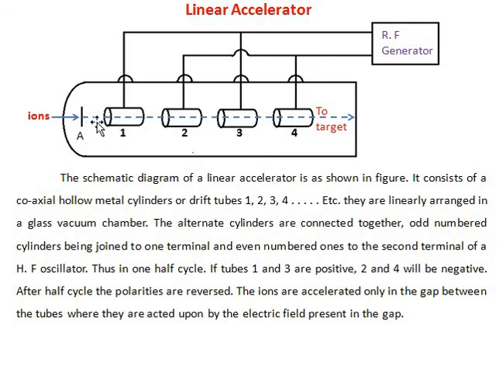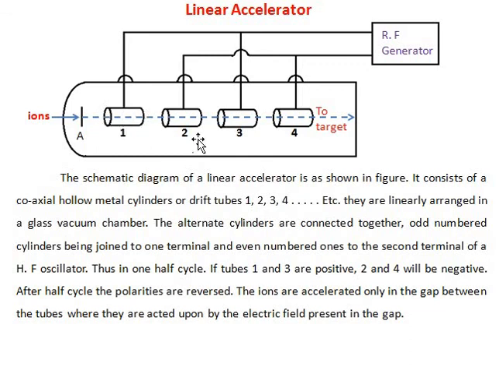So when the AC is applied at the initial stage, this tube is negatively charged because the negative half cycle of AC is connected. So the positive ion is accelerated towards this. As soon as it enters into this coaxial cylinder, this becomes positive and it moves out.